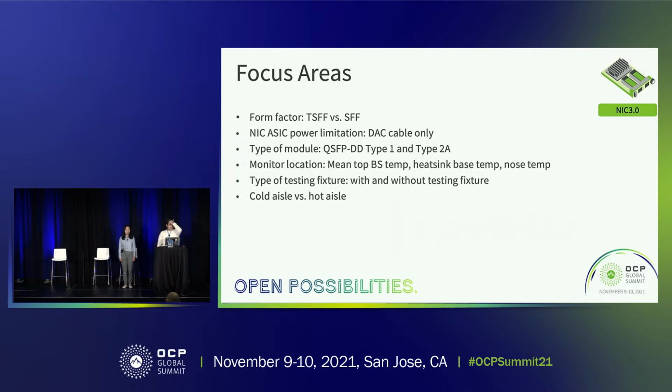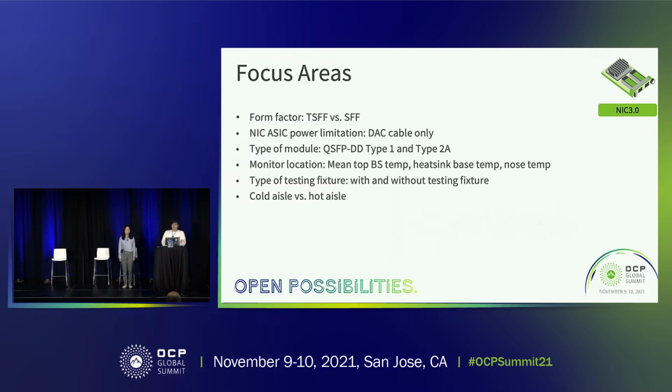In addition, based on the collaboration within the work group, we very soon realized that there is a different interpretation of the monitor points amongst different members, while the 70°C criteria is consistent. So we wanted to look at how the thermal results change depending on the monitor point we use: the mean top backshell temperature, the heatsink base temperature, and the nose temperature.